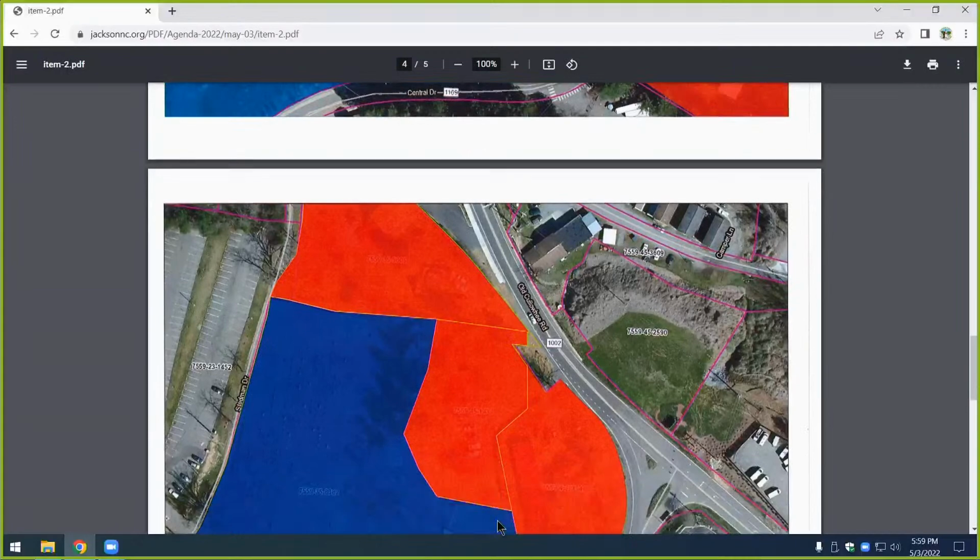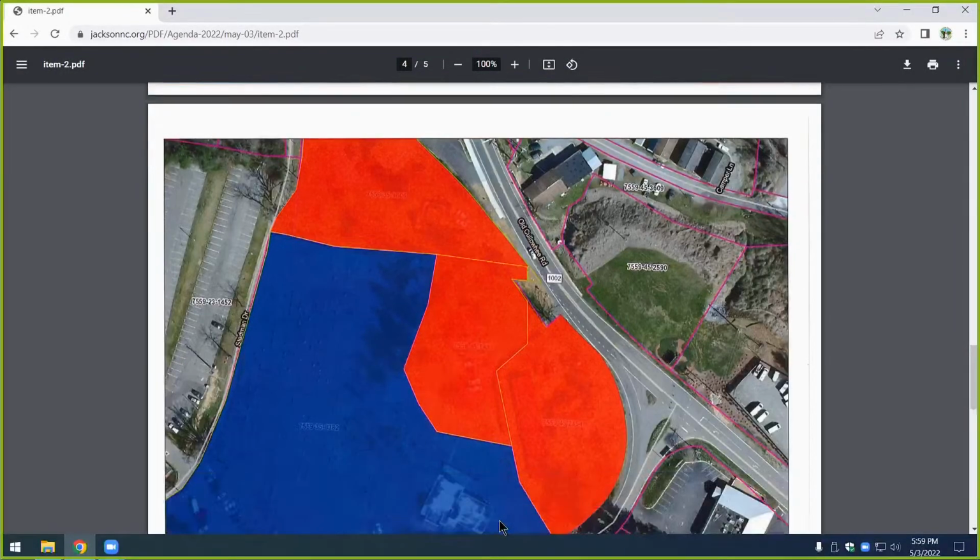If this map amendment were approved, this is what the zoning map would look like. You can see that commercial district running all the way down Old Cullowhee Road. The difference between the commercial district and the institutional are the types of uses that each allow. The current property designation of institutional allows limited uses: single-family, multifamily dwellings, and semi-public uses such as churches and gathering spaces, and some recreational uses, while the commercial district offers a broader range of uses such as residential, multifamily, recreational, governmental, offices, and retail.